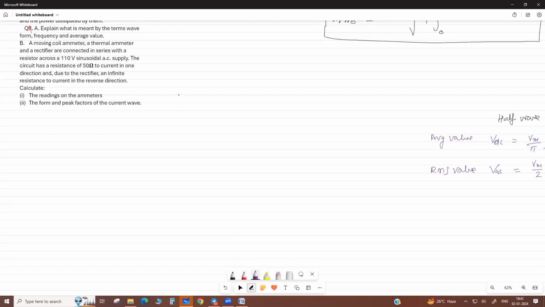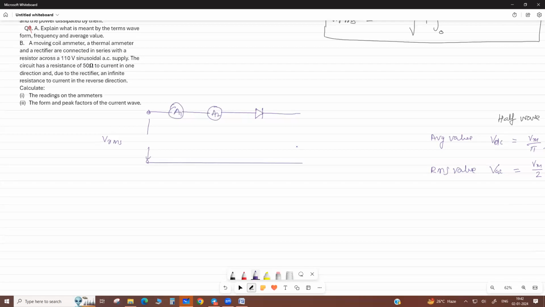So there is a moving coil meter, a thermal meter and a rectifier. A rectifier means a diode is connected. Then in series with this we have two meters of different types, A1 and A2. Here you applied an AC voltage, the RMS value is not given here, it is connected in series with a 110 sinusoidal supply. The RMS value is always what is mentioned. Okay, that is the significance, in RMS value.